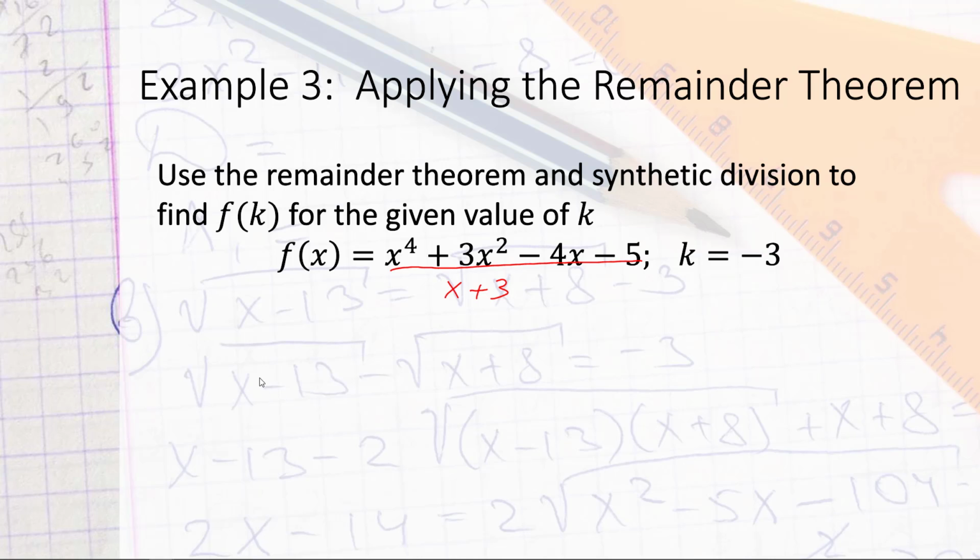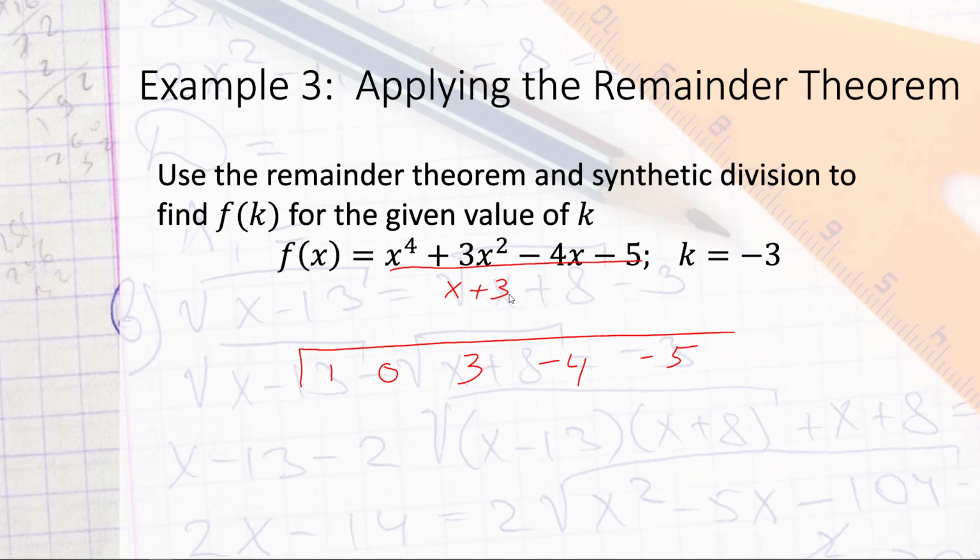To set this up, we will first put in our coefficients, which will be a 1, a 0 for the x cubed term, since there's an implied 0 there, a 3 for x squared, a negative 4 for x, and then a negative 5 for our constant term.